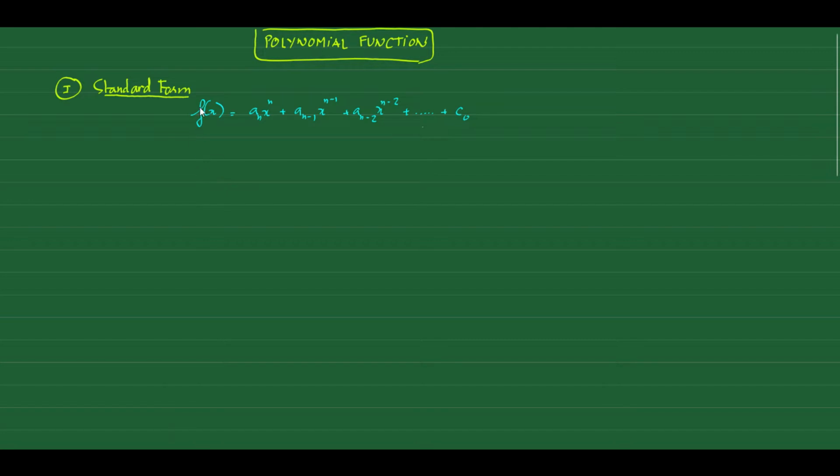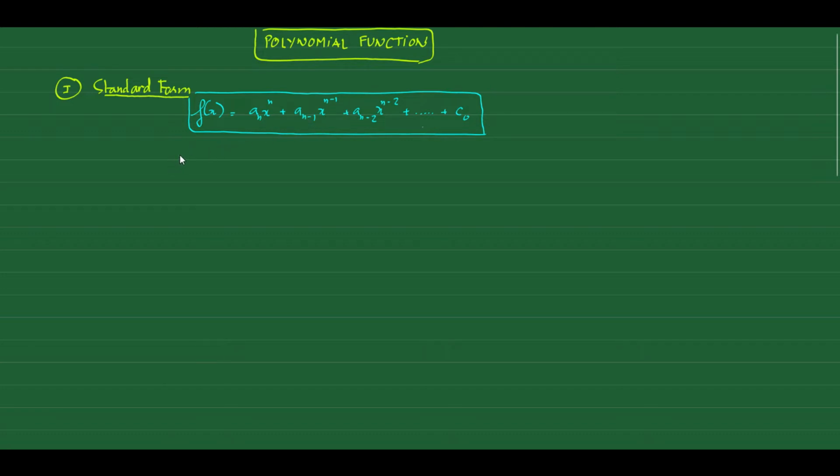Okay, so we try to understand what the letters over here mean. Because it contains so many terms, I have to use the dots, and the last number here is just a number. And a sub n, a sub n minus 1, a sub n minus 2 here are just the coefficients.